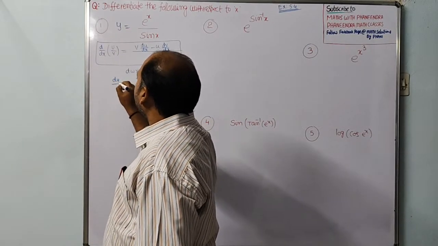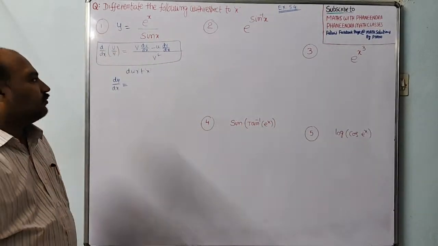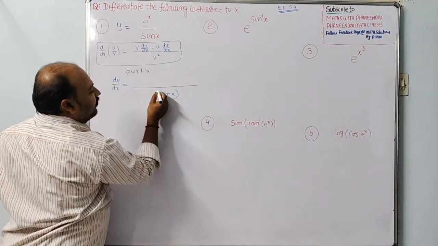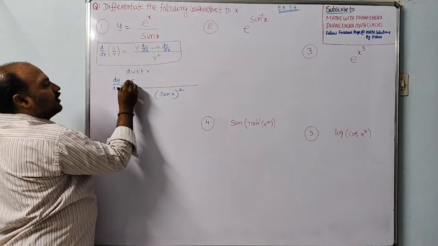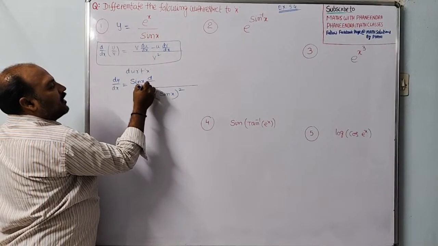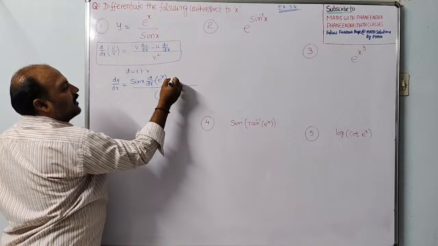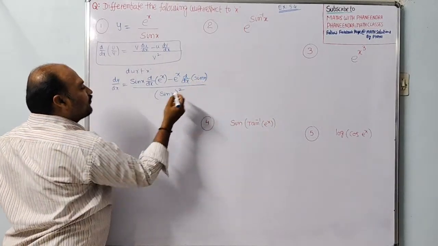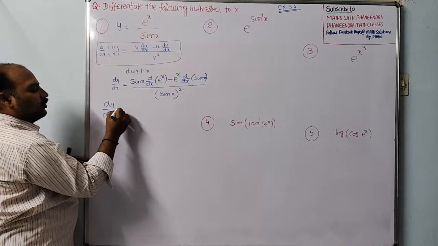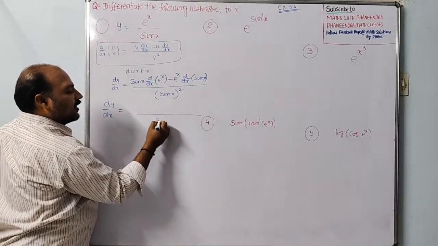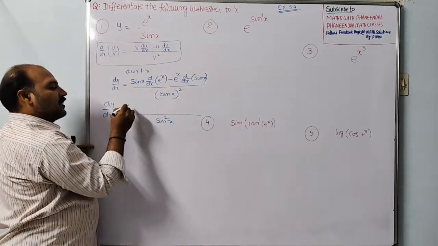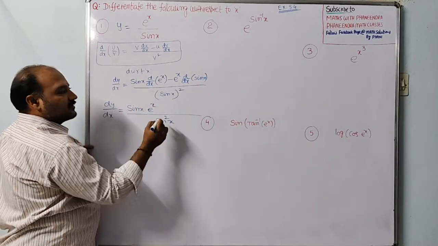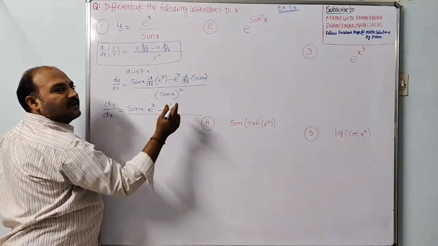The derivative dy by dx is equal to, here v is sin x, so sin x whole square in the denominator, and in the numerator v into d by dx of u, that is sin x into d by dx of e power x, minus u into d by dx of v, e power x into d by dx of sin x.